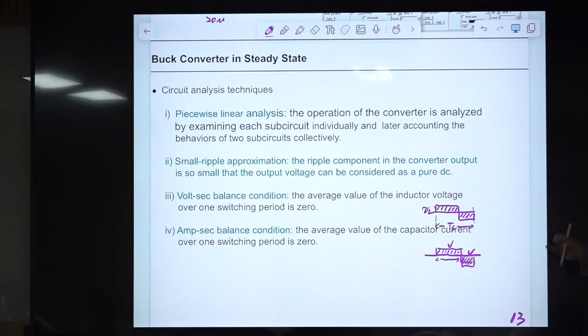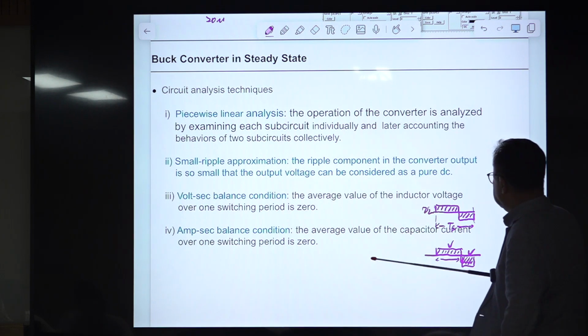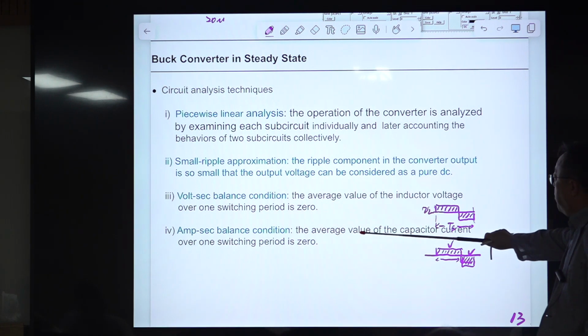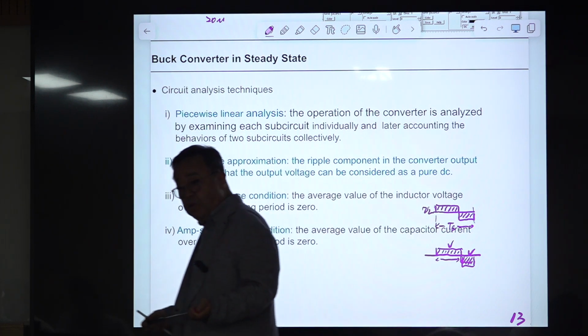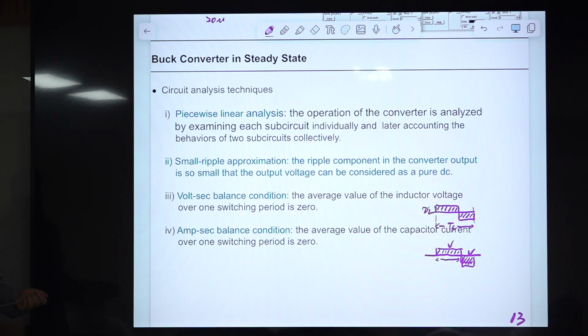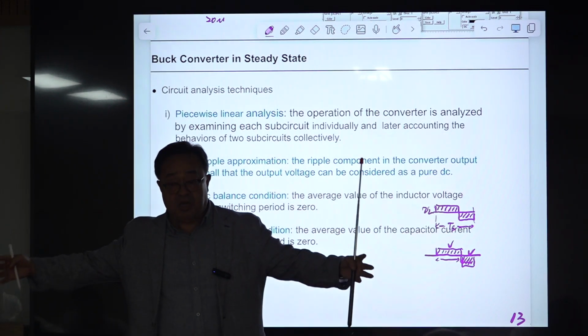To avoid that tragic situation, your converter circuit is designed and prepared so that all the capacitors meet this amp-second balance condition, namely the average value of capacitor current over one switching period is 0, over integer multiples of the switching period is 0, and the average value is 0 in general, regardless of the operational period.